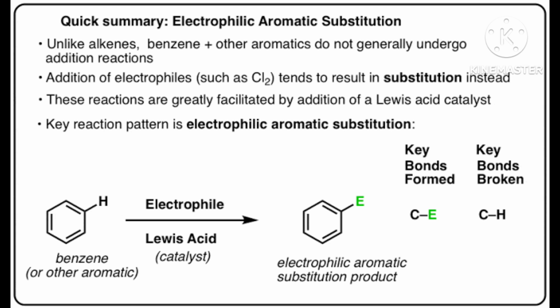Then the H from HI will go to the CH2, because CH2 has 2 hydrogens and the other has only 1 hydrogen. Hence H will go to the carbon with more hydrogen. Now it becomes CH3, and with the CH, I will join. This will be the major product: CH3, CHI, CH3.